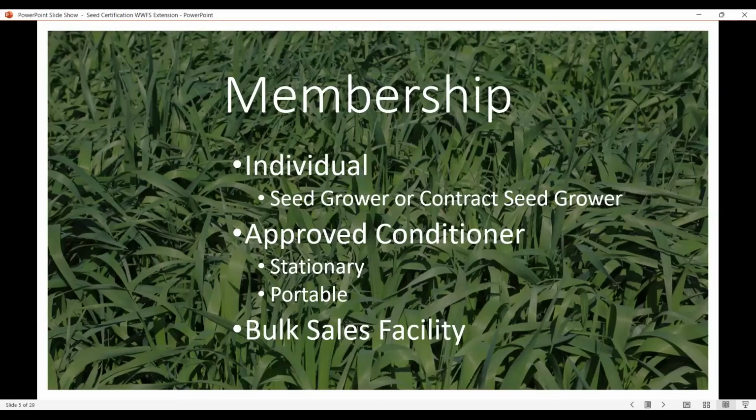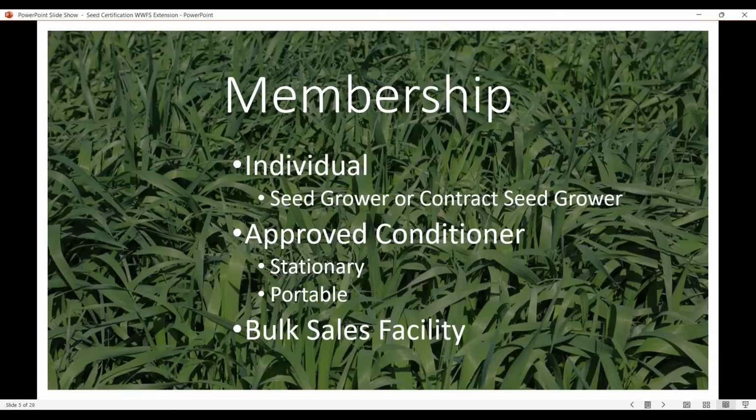We also have the approved conditioner category of membership, and these are for the people that go around and condition seed. We usually try and inspect them once a year and approve them. These are either stationary cleaners or portable cleaners. Many of you on the farm site, the portable will come out, they'll set up, you'll clean the seed, and then it will be stored on site.